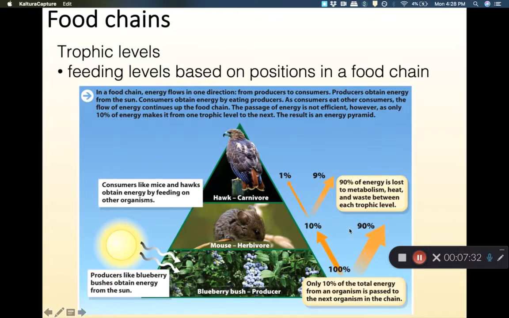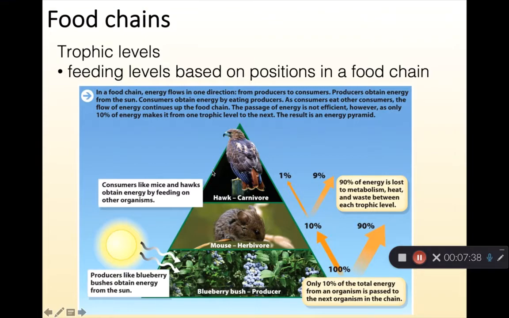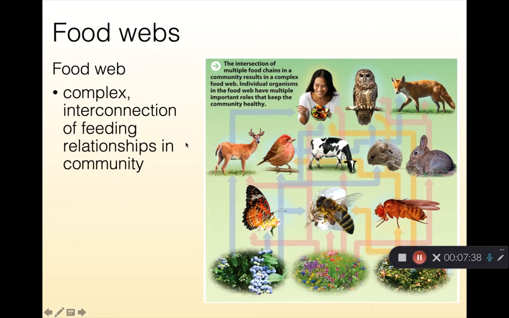However, the reality is it's very rare in nature to have a very basic food pyramid just like this. In reality, we have something that is much more complex. We have a food web, which is really telling us about the interconnections between different populations.